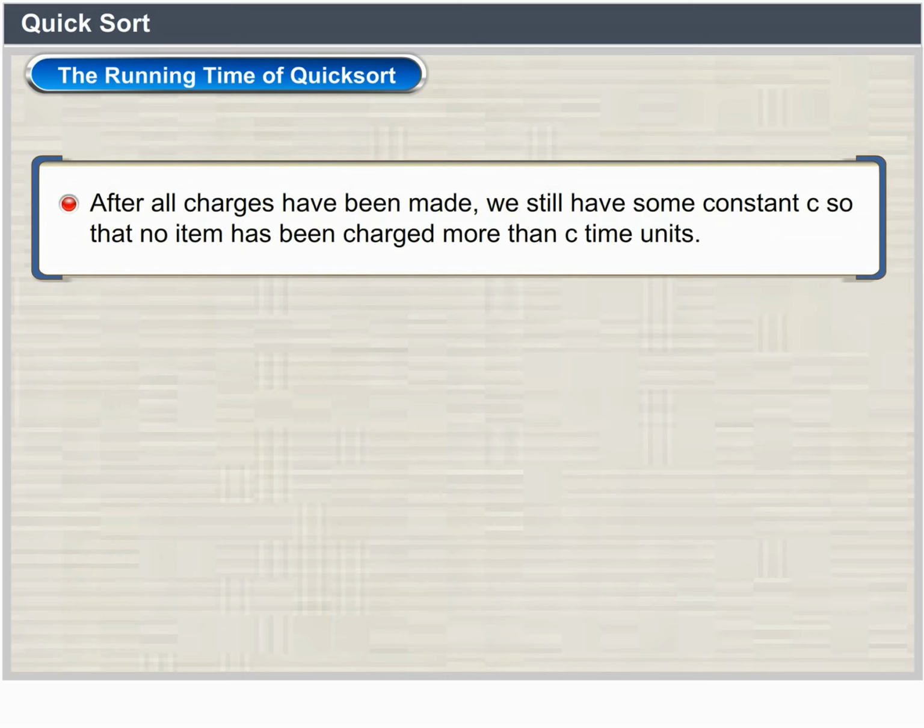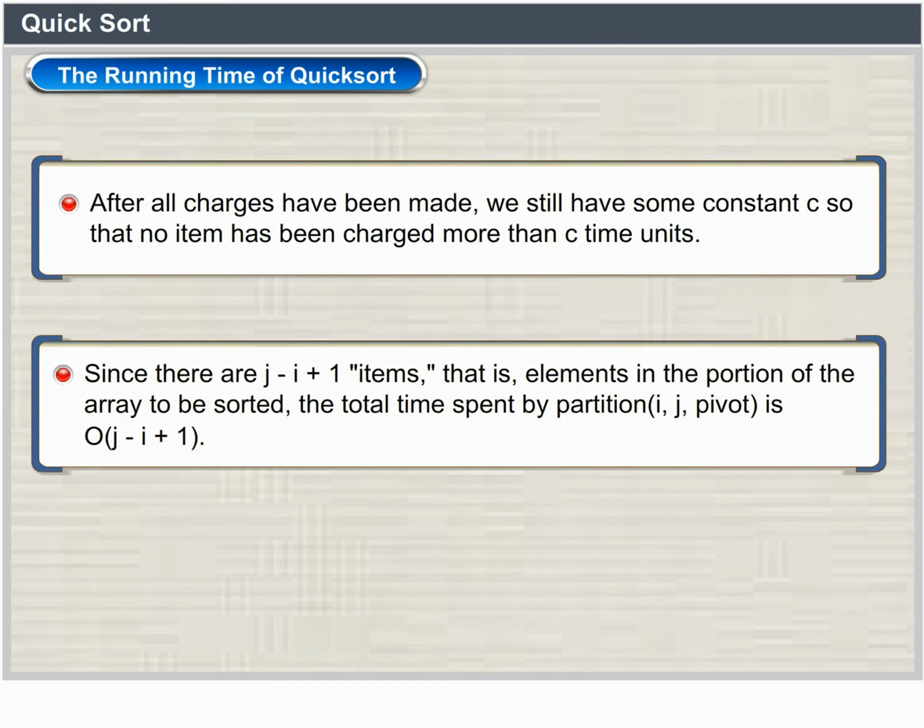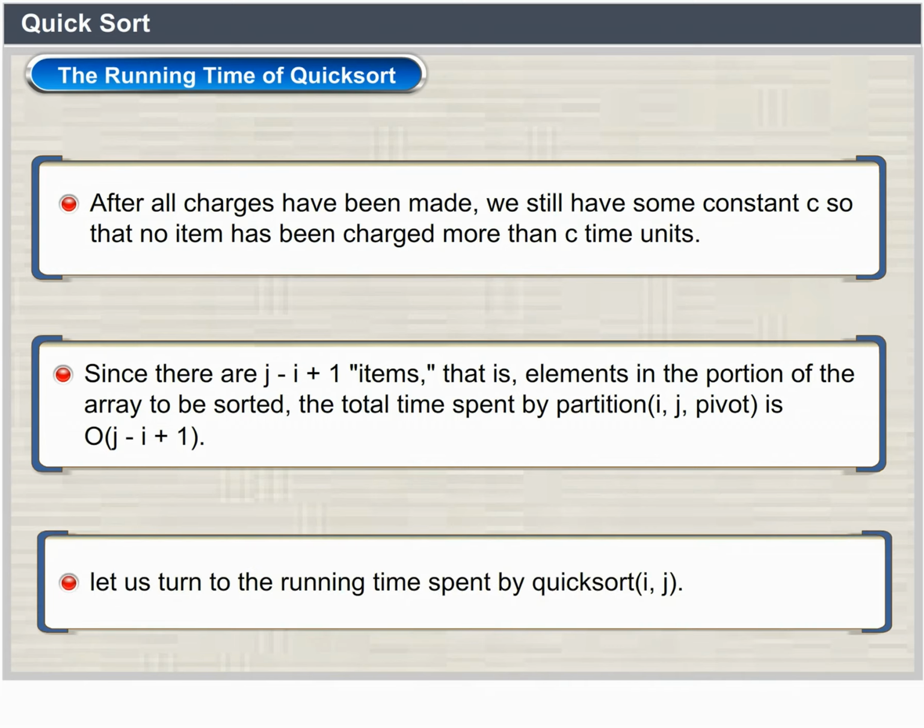Since there are j minus i plus 1 items, that is, elements in the portion of the array to be sorted, the total time spent by partition of i, j, pivot is big O of j minus i plus 1. Let us turn to the running time spent by quicksort of i, j.